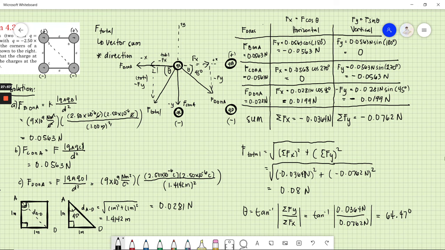So our F total is 0.08 newtons at 64.47 degrees from negative x. There you have it. So that is our total and the direction of our total. 0.08 newtons is the magnitude with an angle of 64.47 from negative x.